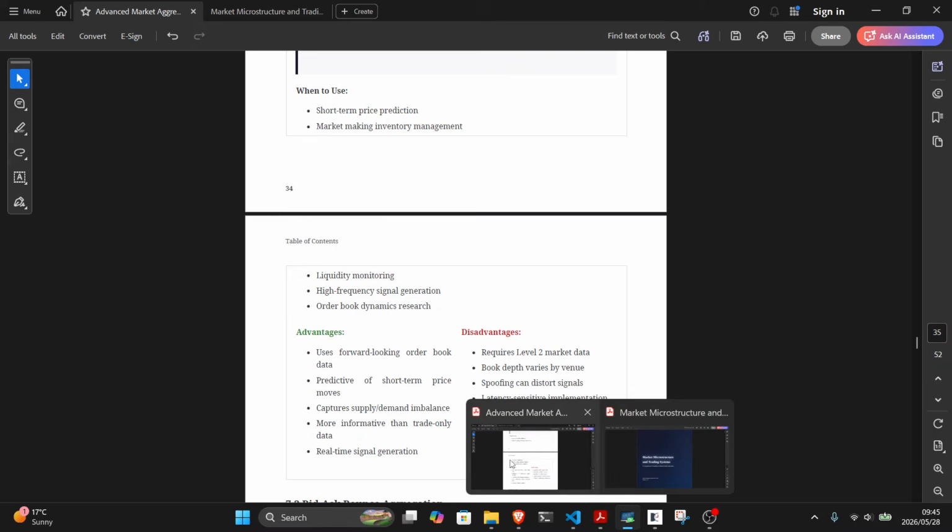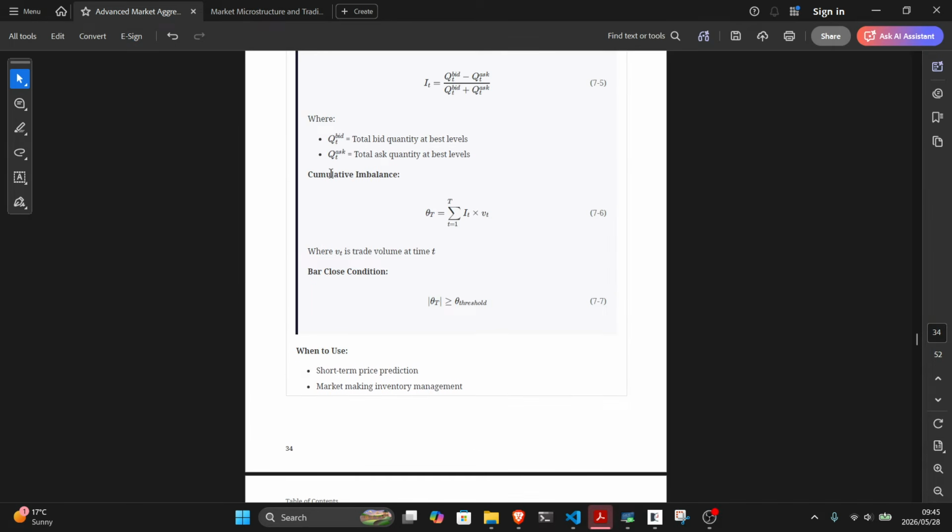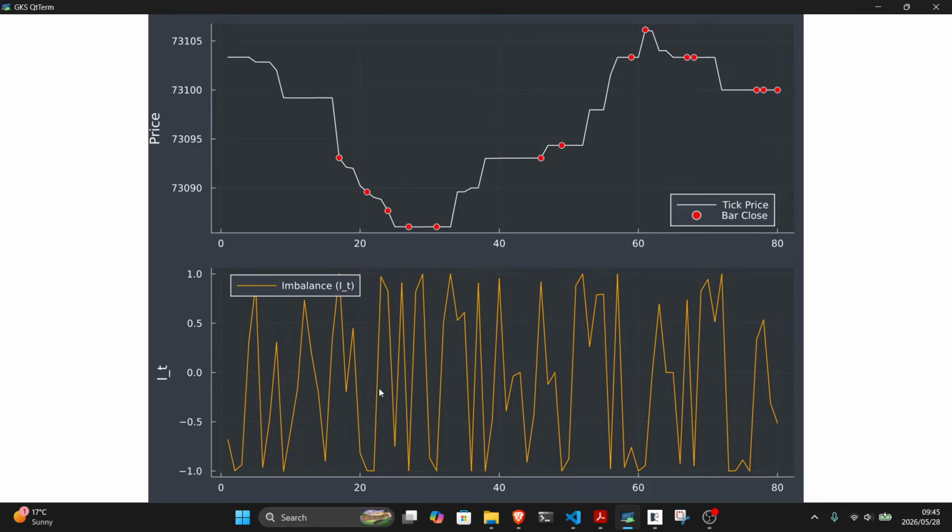Back to the definition, this is our cumulative imbalance. And when you look at the cumulative imbalance, it's all over the place. It's at low negatives, then it peaks up to the positives, then goes back to the lows, picks up back to the positives, and it's all over the place.